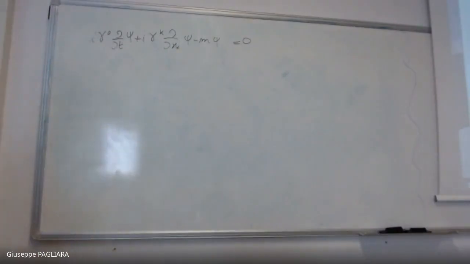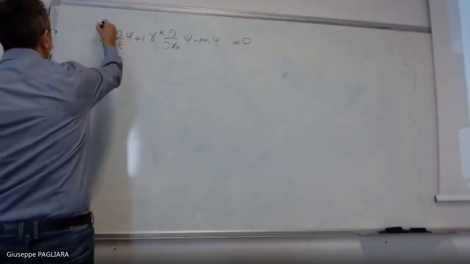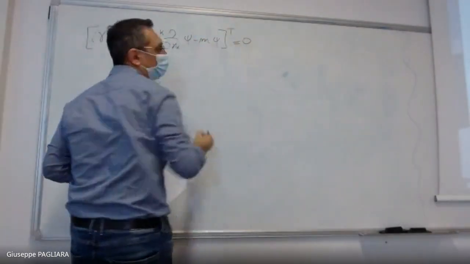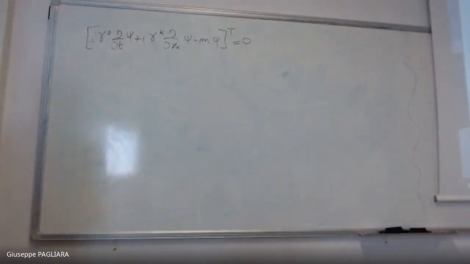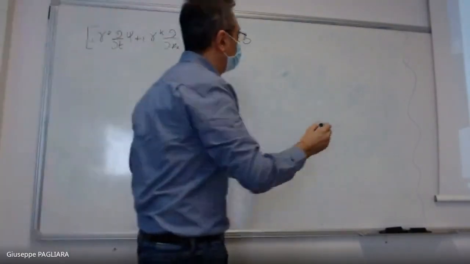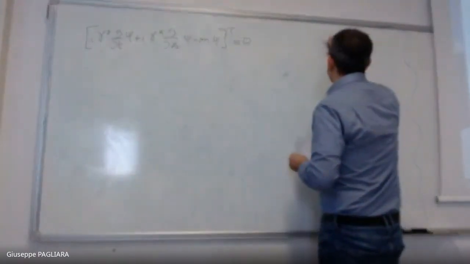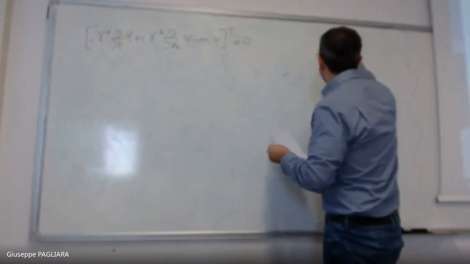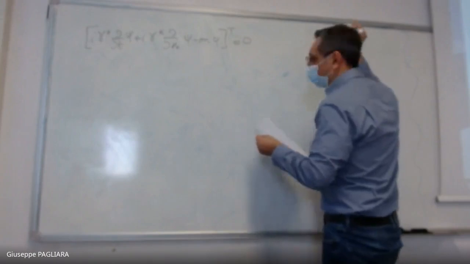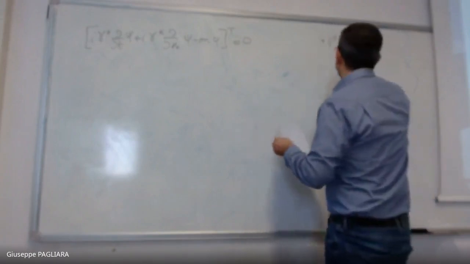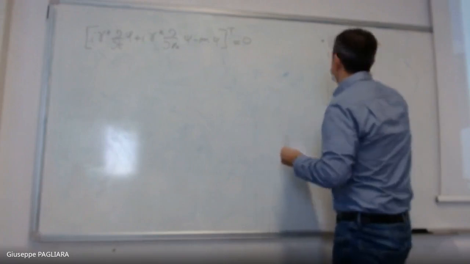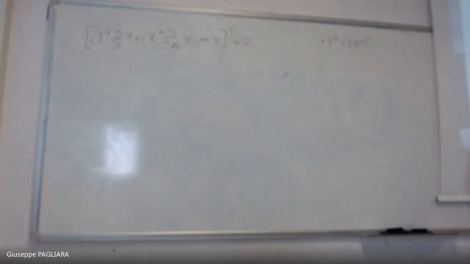And now we take the transpose of this. Let me first list here the ingredients that we will need. The first ingredient is what the Hermitian conjugate of the spinor means. This, as you know, is the transpose of the complex conjugate.